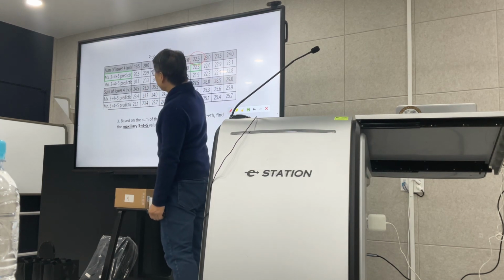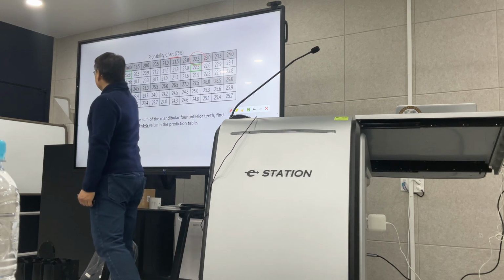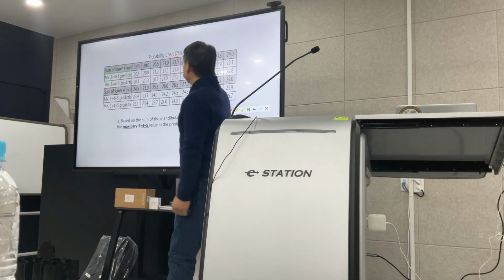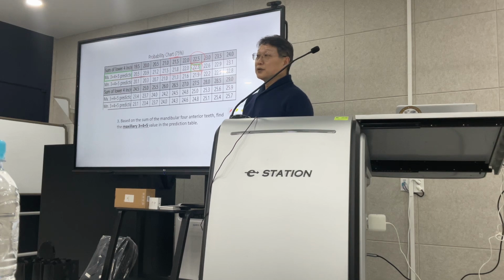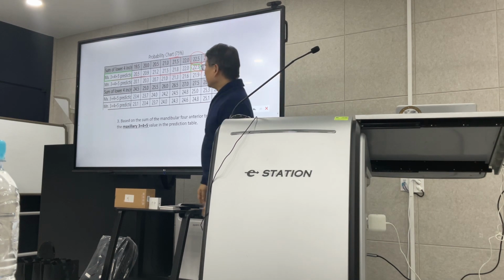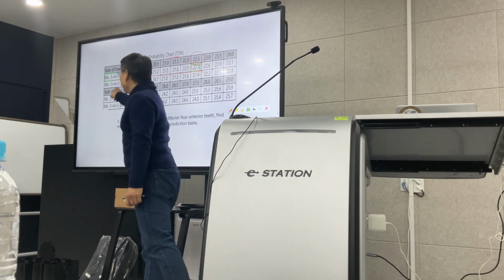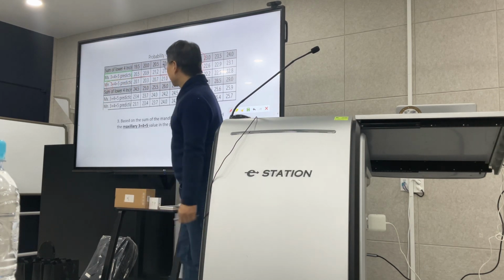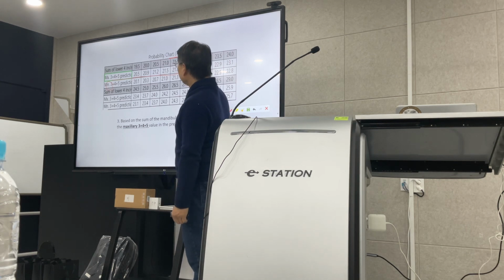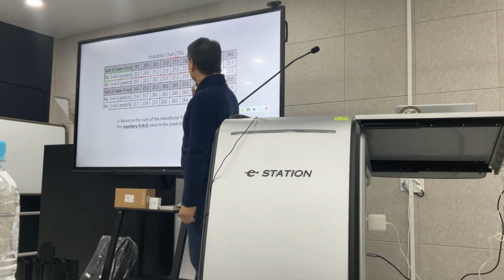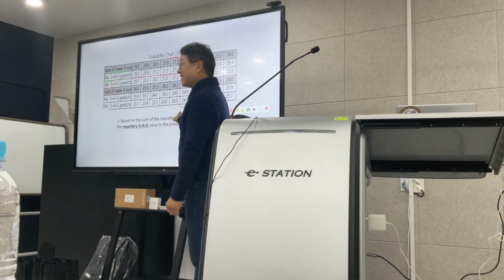Then in the probability chart, maxillary 3 predictable is 22.3. This is very simple. So always have 3. So 21.9, right? No, they have one. Sorry, I missed it. Now, understand? The first time we can find here.